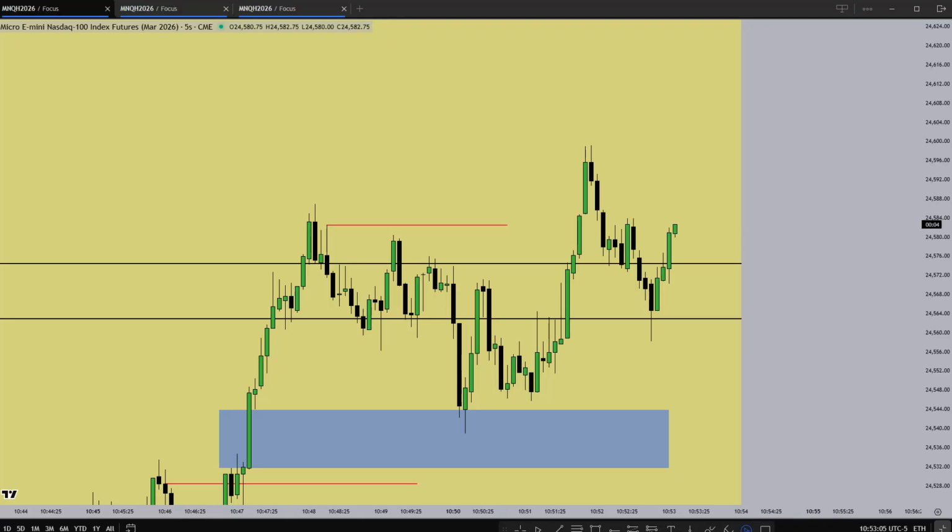Risk reward is near 1.8. It stays around that range. I'm not really looking to go 2R on any trade.